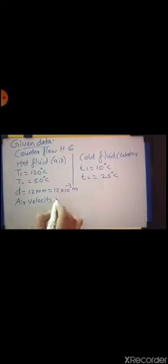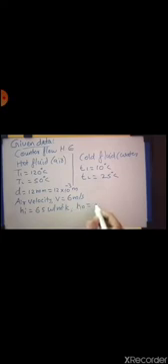The other given data are: diameter of the tube is 12 mm, that is 12 into 10 raised to minus 3 meter, or 0.012 meter. Air velocity V is given as 6 meter per second. The inside heat transfer coefficient of the tube, HI, is 65 watt per meter square Kelvin, and the outside heat transfer coefficient, HO, is 200 watt per meter square Kelvin.